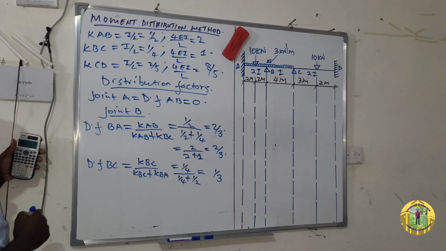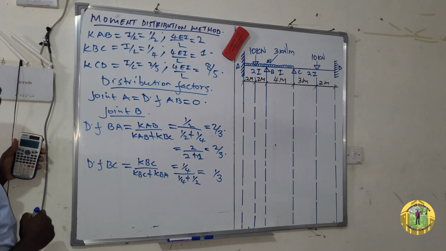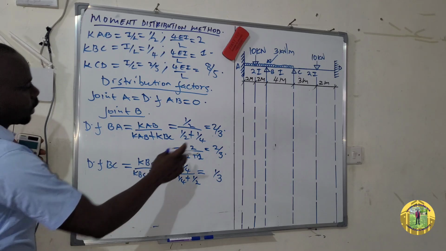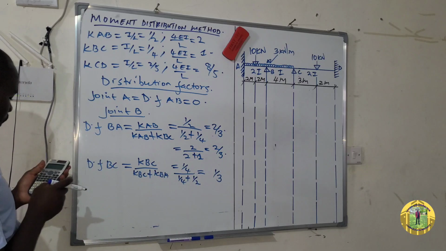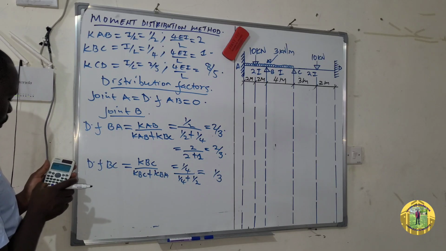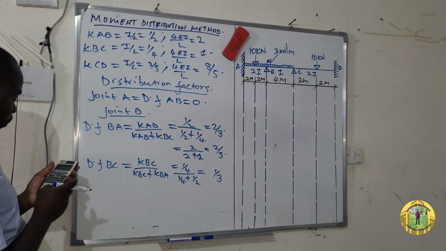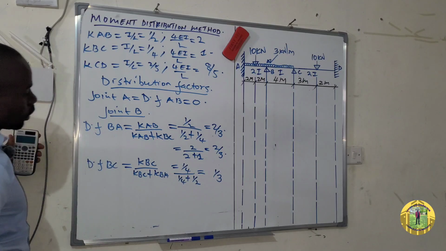And remember, the total distribution factor at a pinned joint or a simple joint must give you 1. So take 2 over 3 plus a third. It gives you 1, therefore correct.